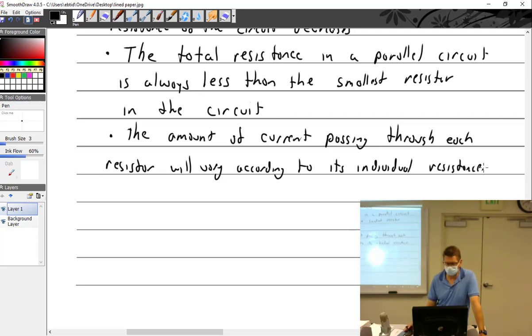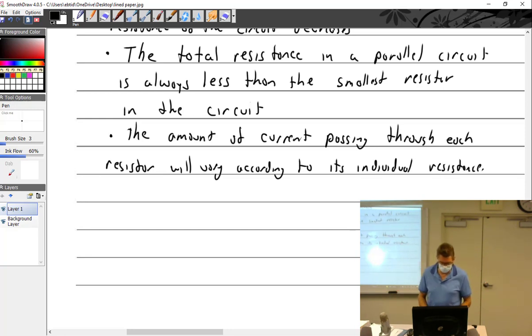Okay, so let me talk about the formulas for finding the total resistance. There are several. And I could tell you each and every one of them, but to me, it's easier to throw them all out and pick one that works for all resistors all the time. So that's what I do.